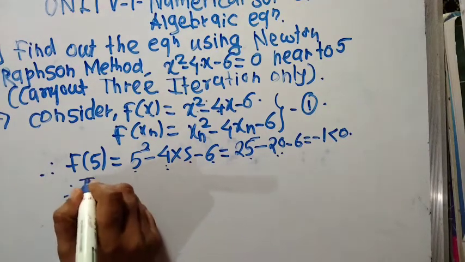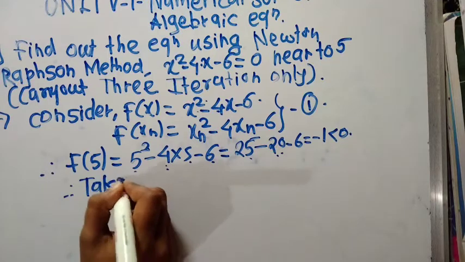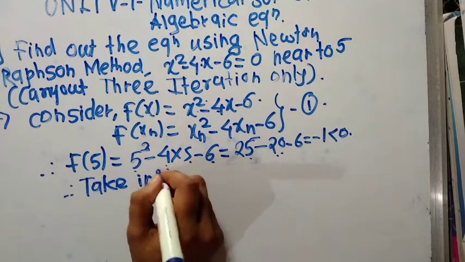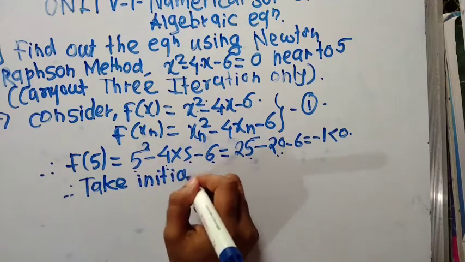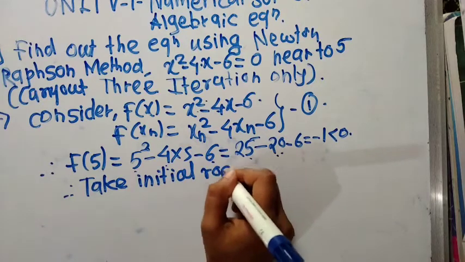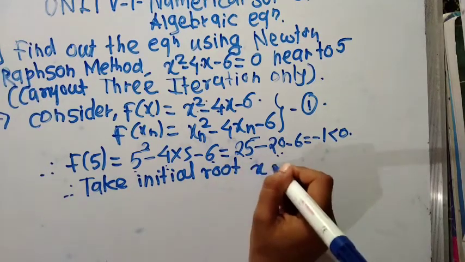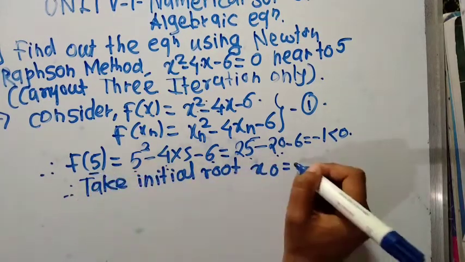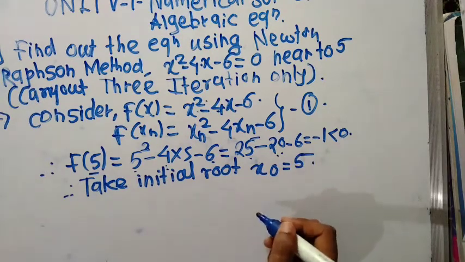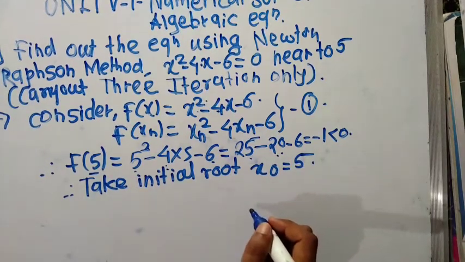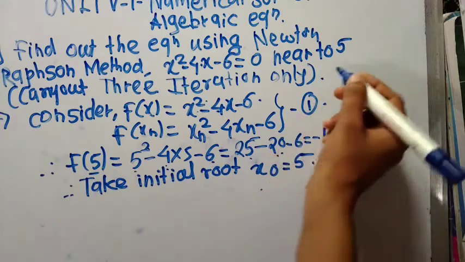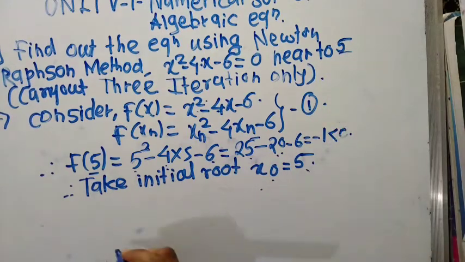So take initial root x0 is equal to 5. Here they have given the initial root x0 is equal to 5.